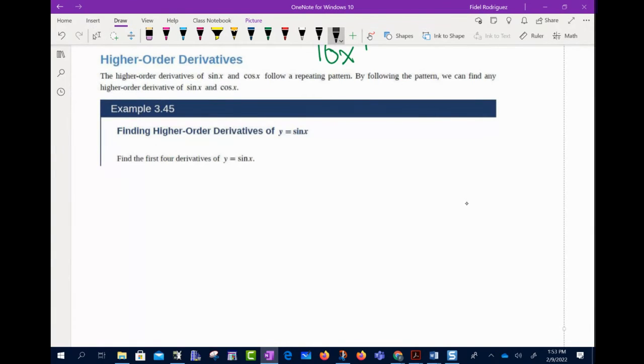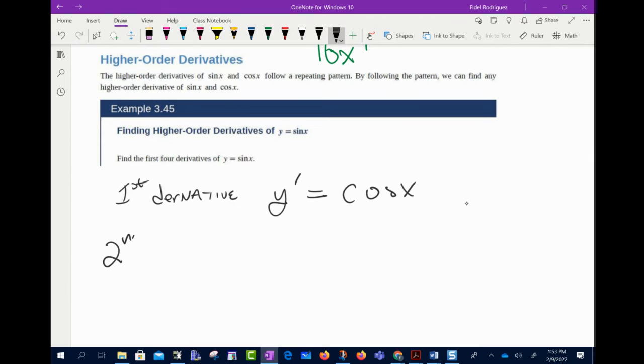We're going to find the first derivative, y prime of x. What is the derivative of sine x? Cosine x. Excellent.